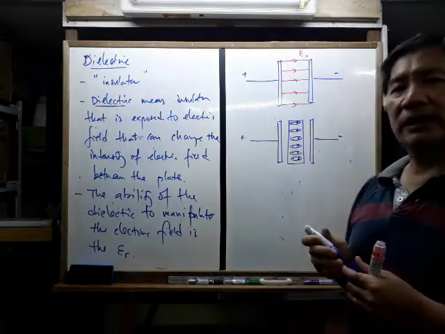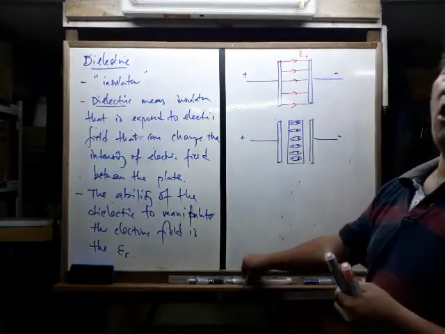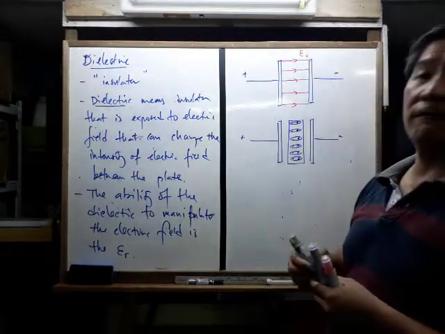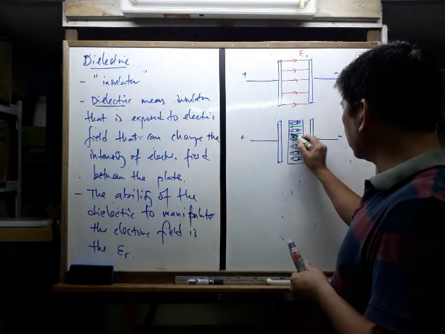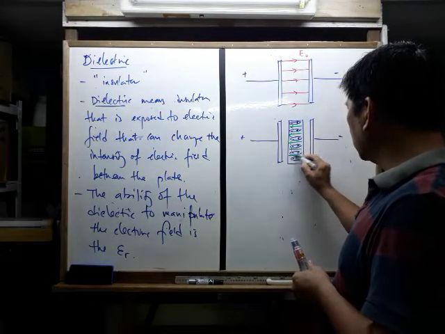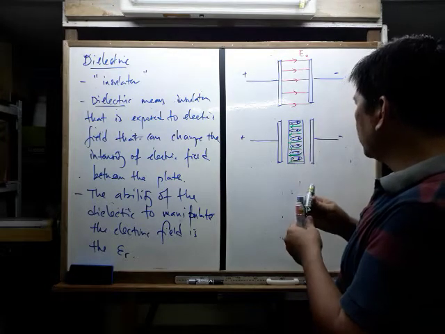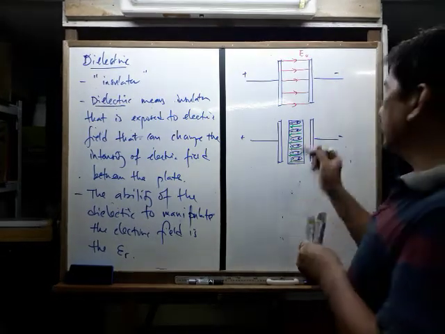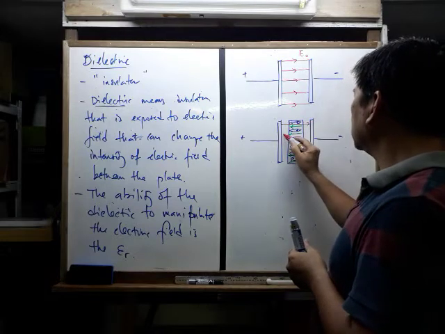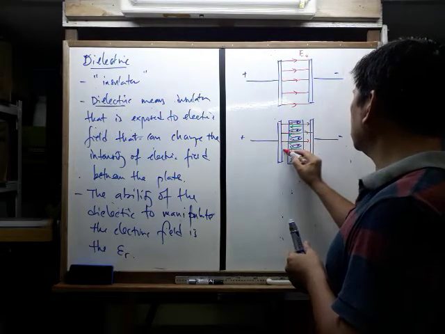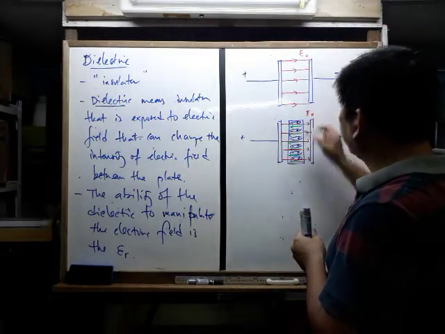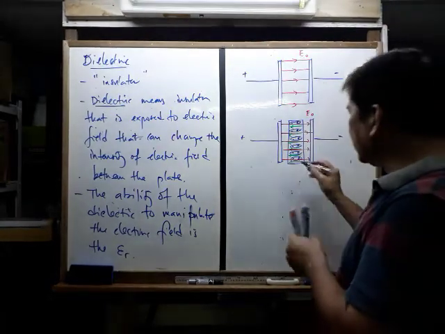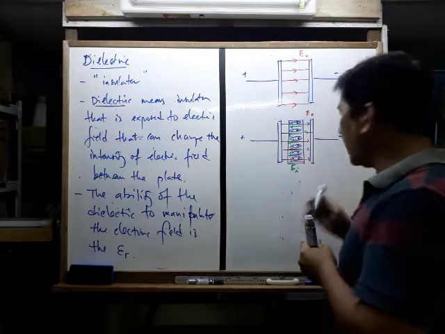And now because of the line up, it creates its own internal electric field. This is the internal electric field. And don't forget, we still have our external electric field here. Our external electric field is E0, our internal electric field is EI.